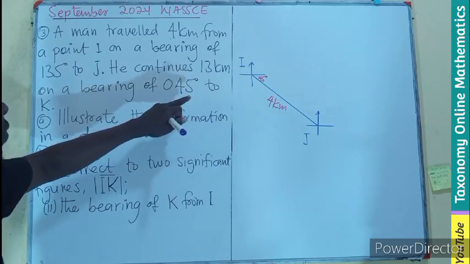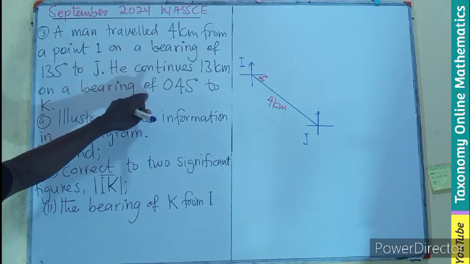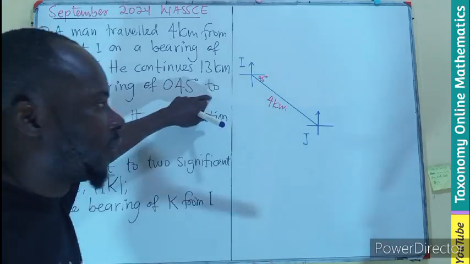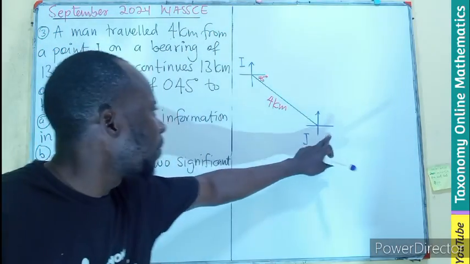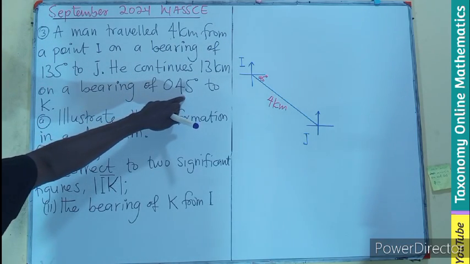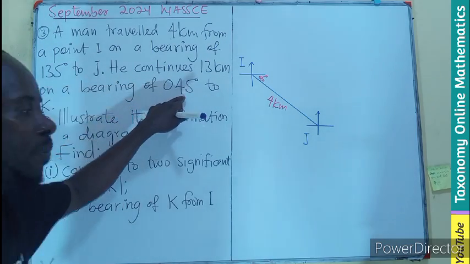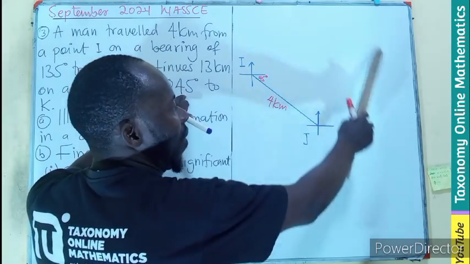He continues 13 kilometers on a bearing of 45 too. Now that he is here, he is going to continue this journey on 13 kilometers by a bearing of 45 degrees. Meaning K could be anywhere here or here.